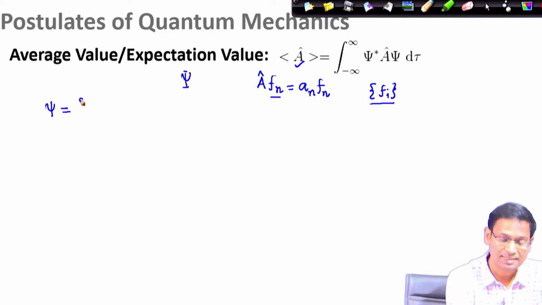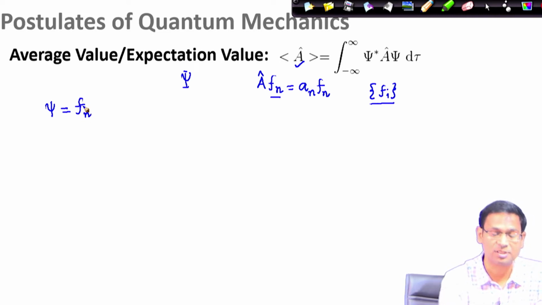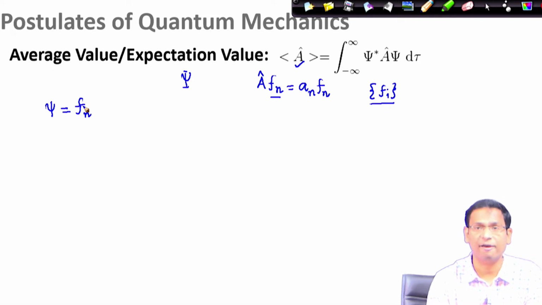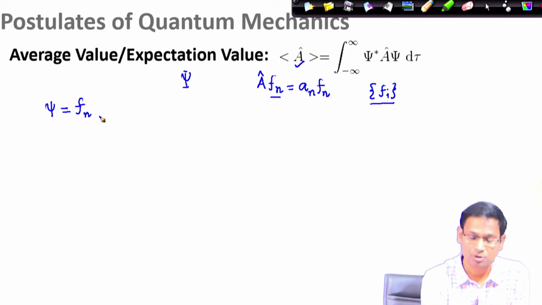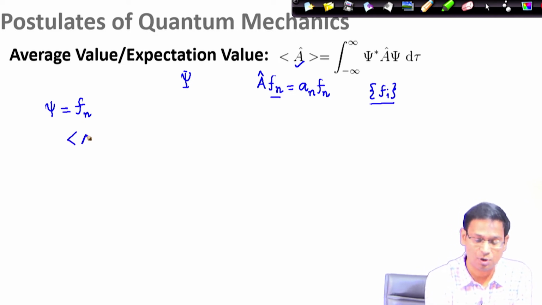Suppose psi, the state of the system, is described by f n, which is one eigenfunction of the operator A. In that case, what would be the average value or the expectation value of operator A? We simply have to evaluate this integral.